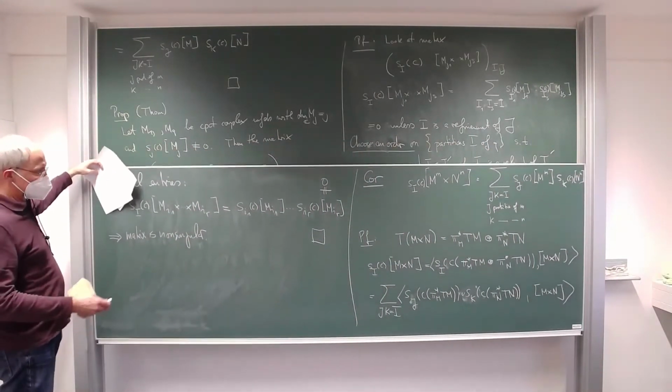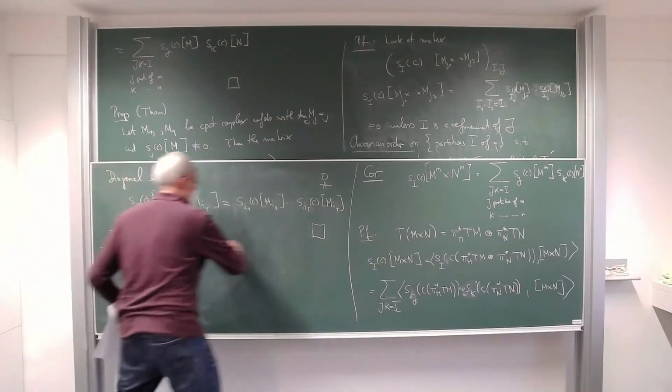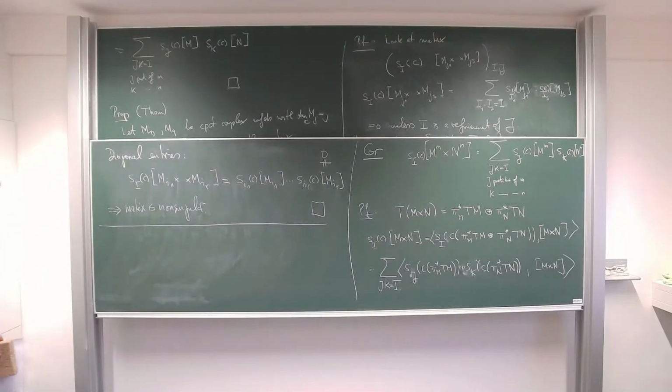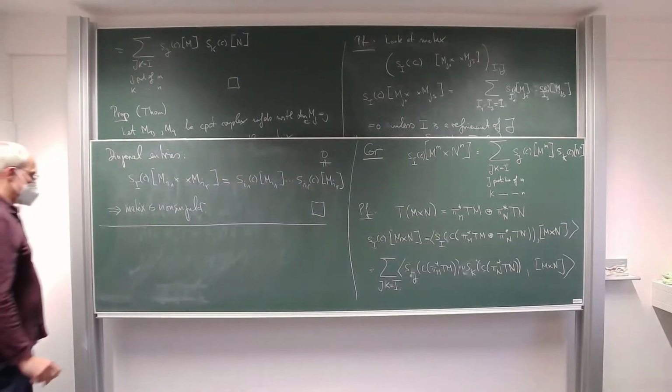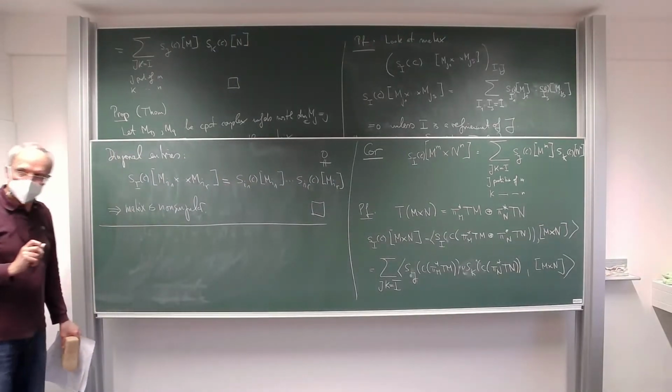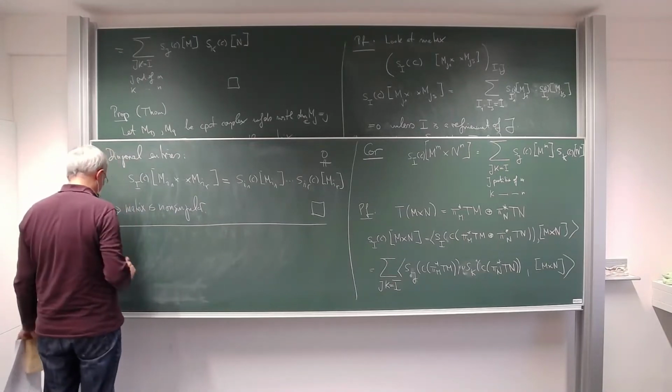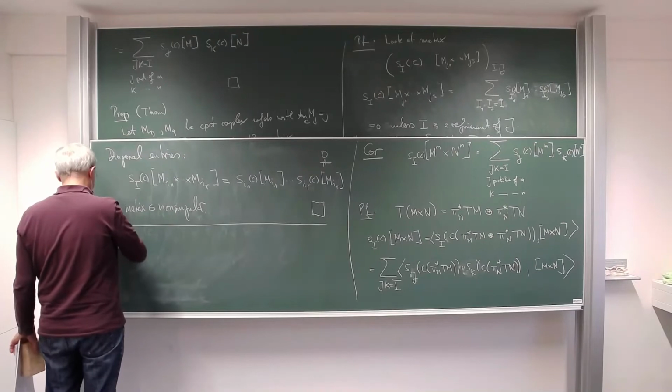All right. So now the same game can be played with Pontryagin classes instead of Chern classes, and then we have to look at oriented manifolds rather than complex manifolds.